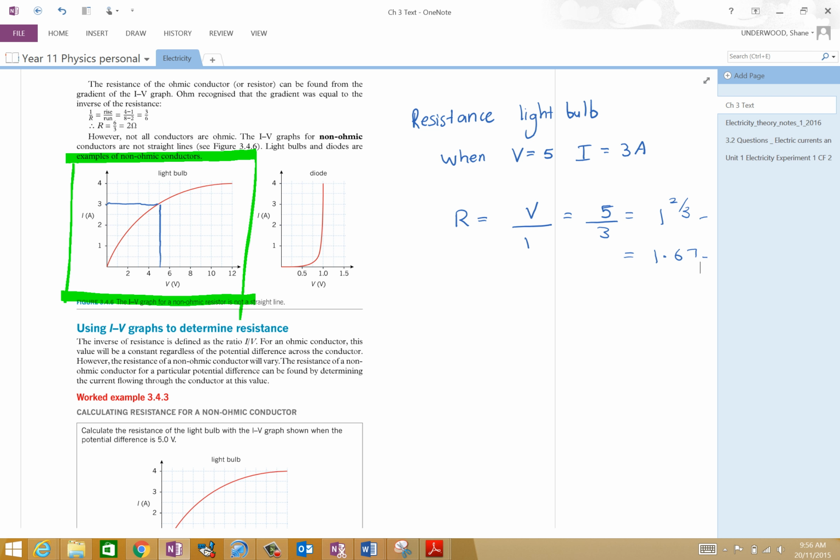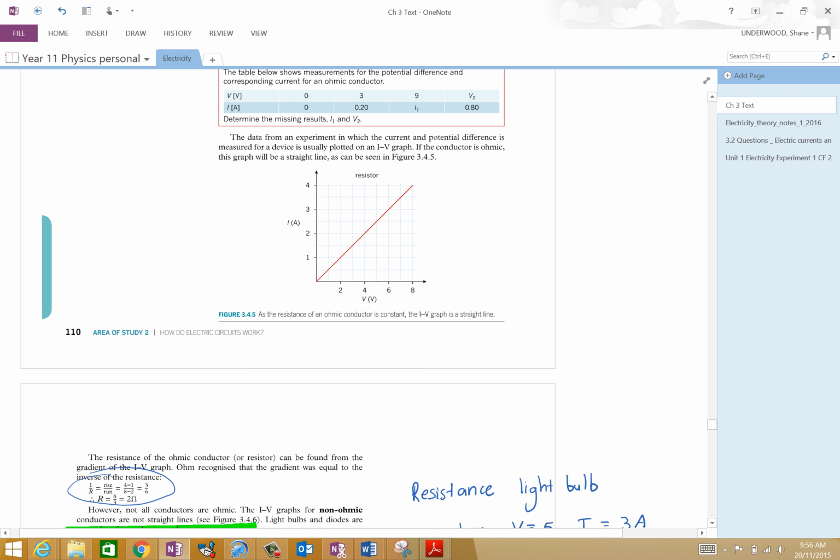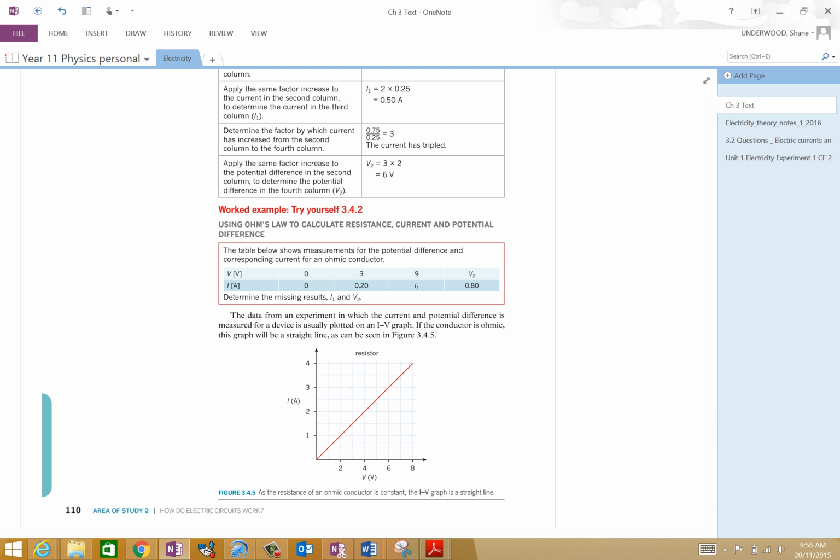Of course, this is also summarised here. They're talking about an ohmic conductor. If I go back though, you can see there for an ohmic conductor, the inverse of the slope would give you, if they asked you to find the resistance, I over V, which is equal to the rise over the run.